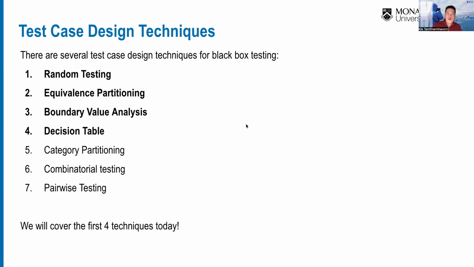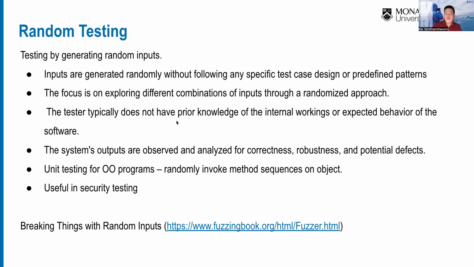So there are different ways to design test cases, and we will cover a few of them today. Random testing, or what people call fuzzing, is another technique to randomly generate test inputs.